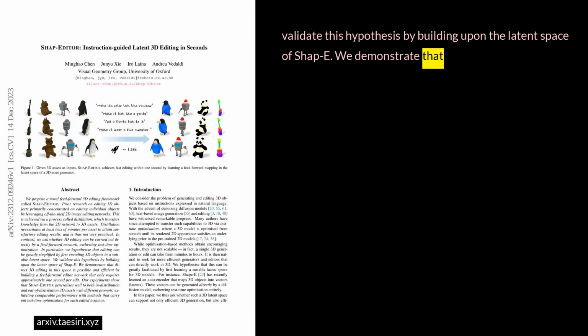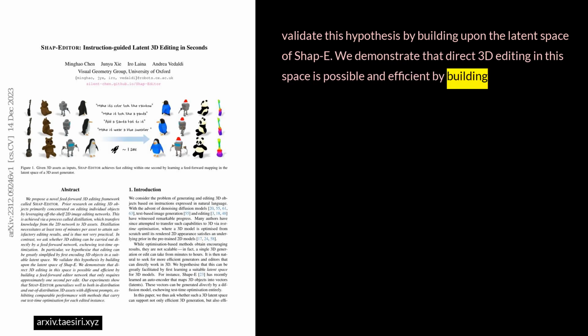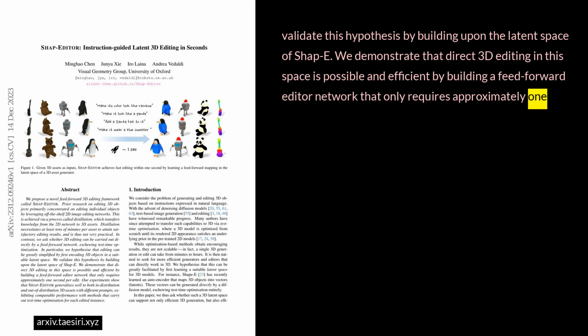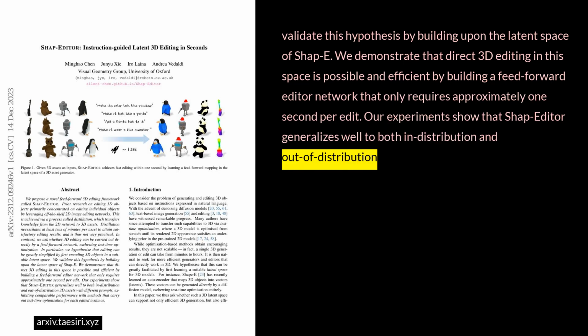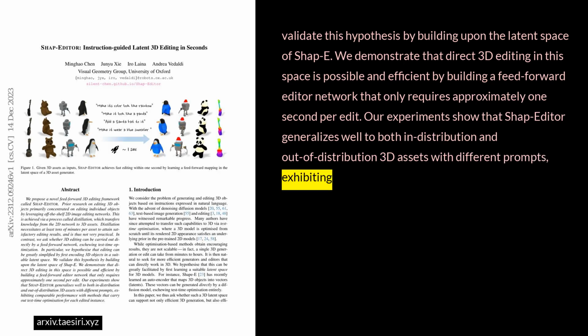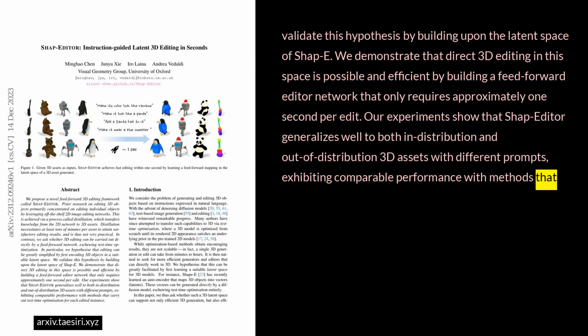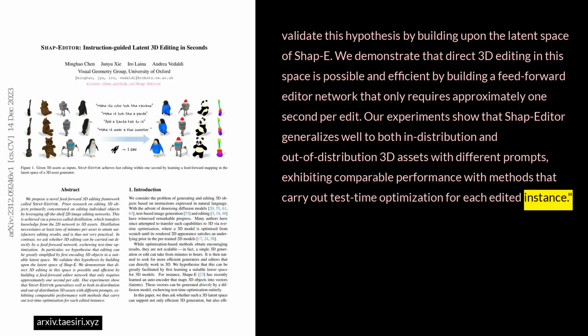We demonstrate that direct 3D editing in this space is possible and efficient by building a feed-forward editor network that only requires approximately 1 second per edit. Our experiments show that Shap-Editor generalizes well to both in-distribution and out-of-distribution 3D assets with different prompts, exhibiting comparable performance with methods that carry out test time optimization for each edited instance.